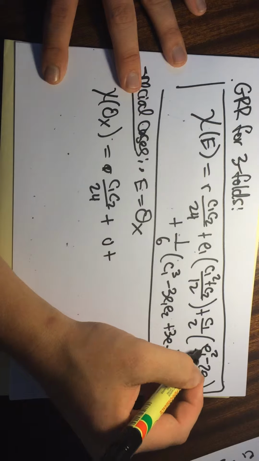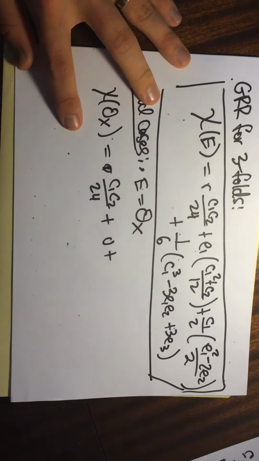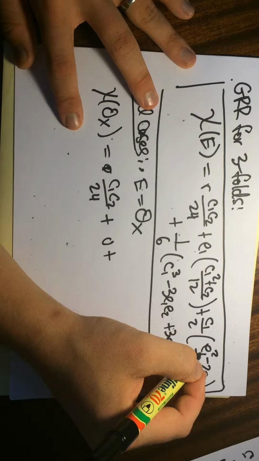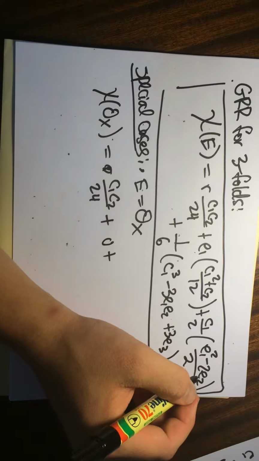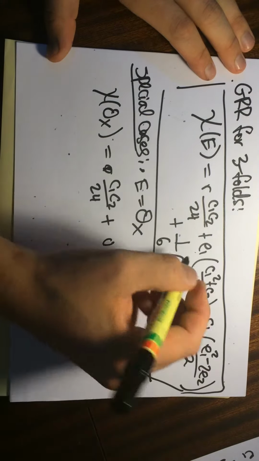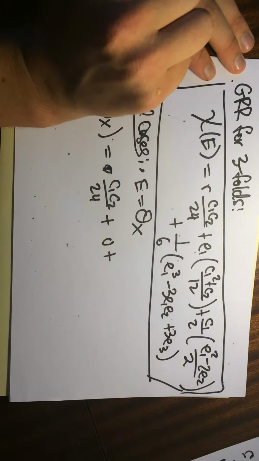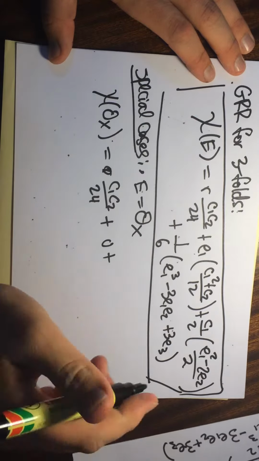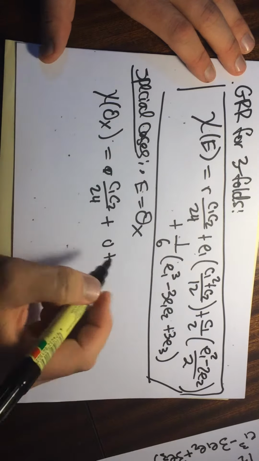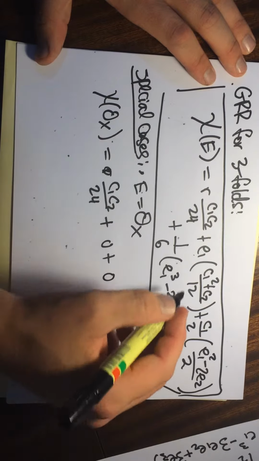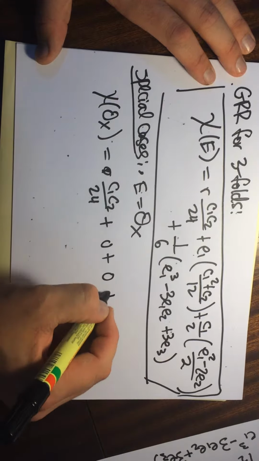So 0 plus, here this goes away. E1 and E2 are 0 as well, right? This is an E. Okay, so this is 0. These are all 0 as well, and this thing here is 0.